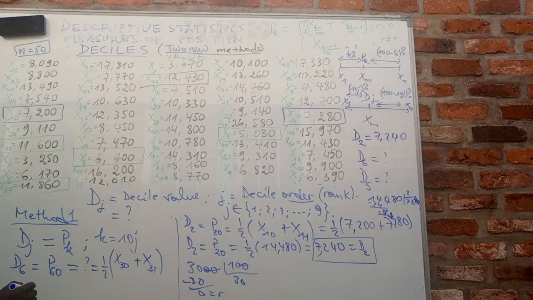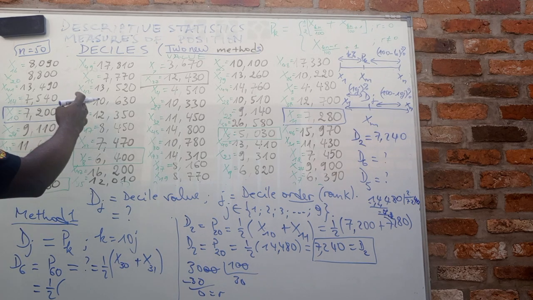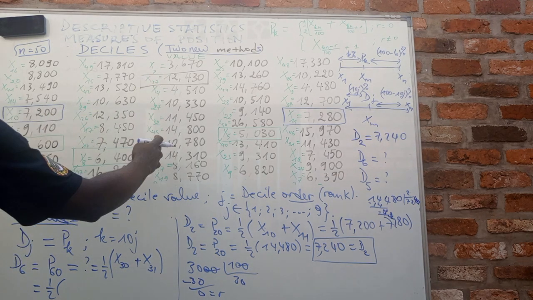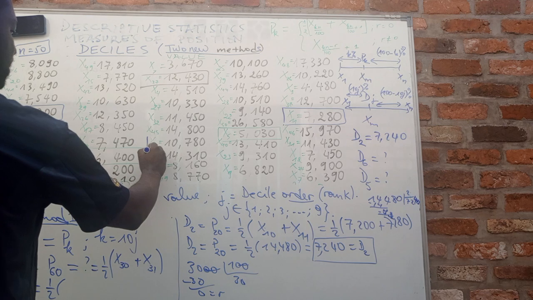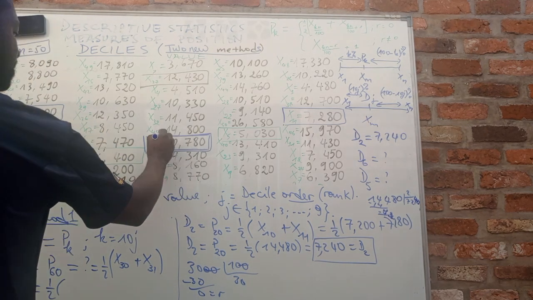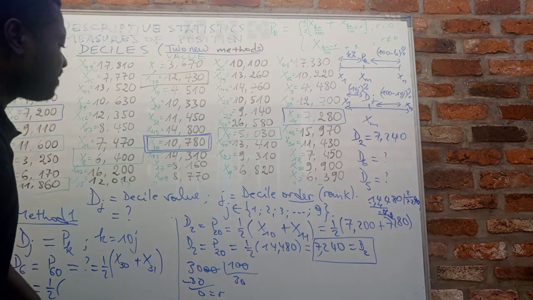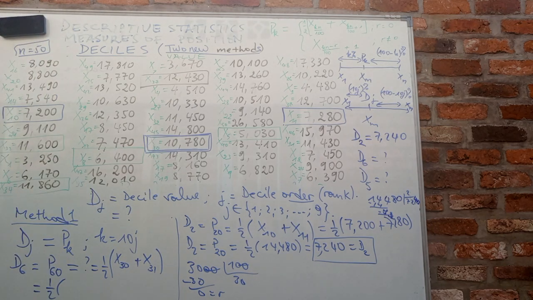Now let us look at the element x sub 30. I'm checking. x sub 30 is equal to this value, 10,780.